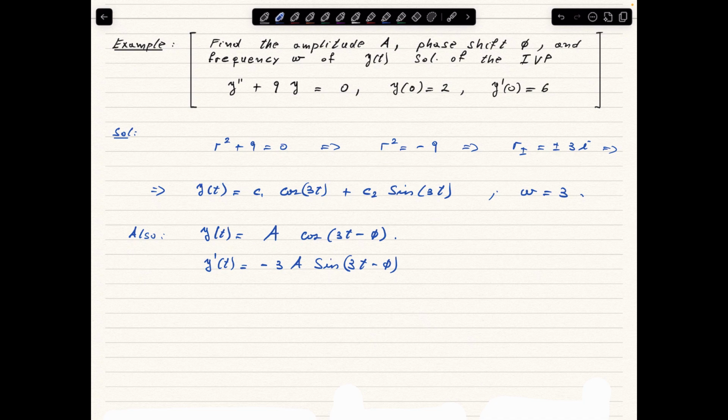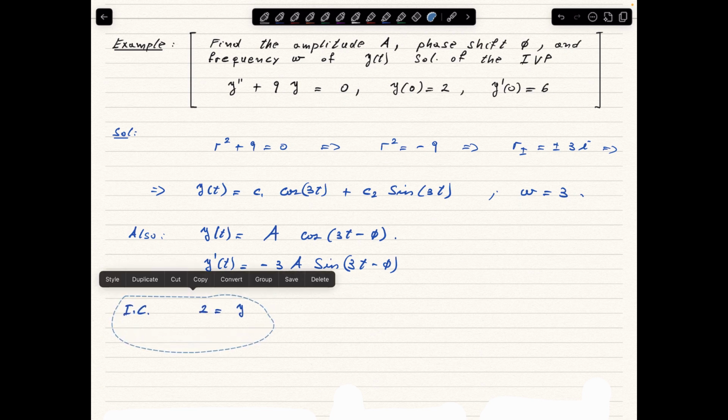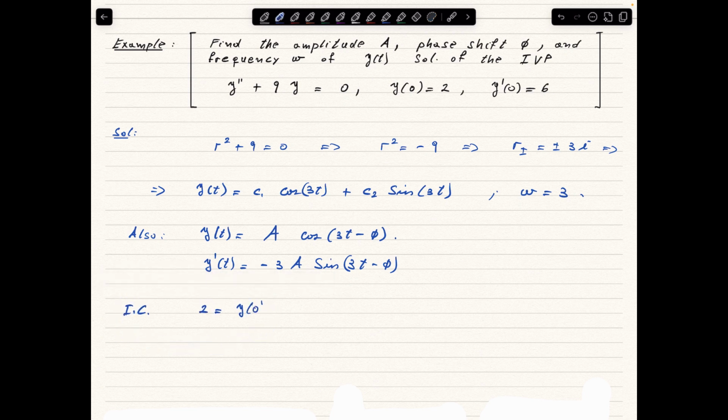The first initial condition is that 2 is equal to y at 0, and that is just A cosine of negative phi. But maybe now is the time to recall two formulas.